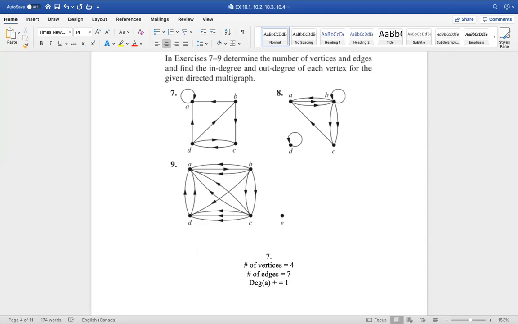I'll just put it as a reference, plus outgoing. And the degree of A negative is 0 because incoming is 3, since it has 1, 2, 3 arrows coming into it. So the degree is 3 incoming. So negative means incoming.